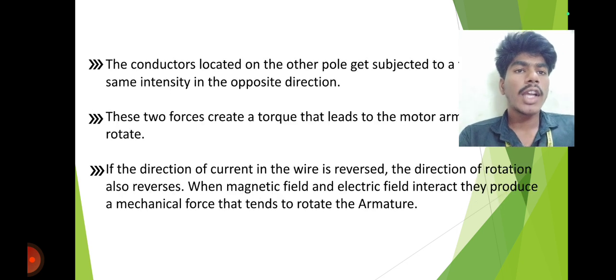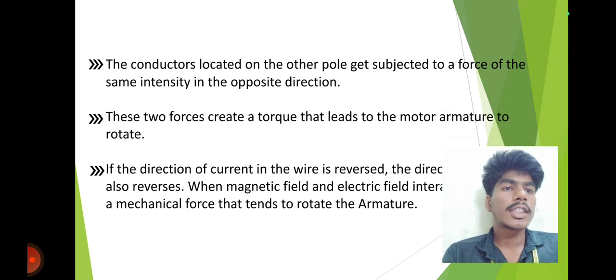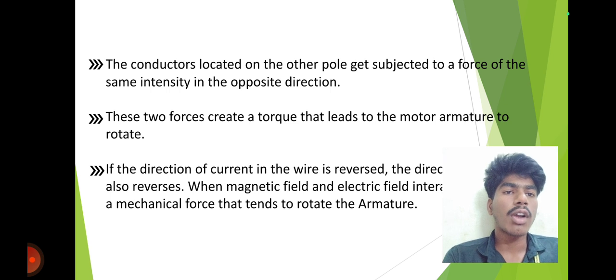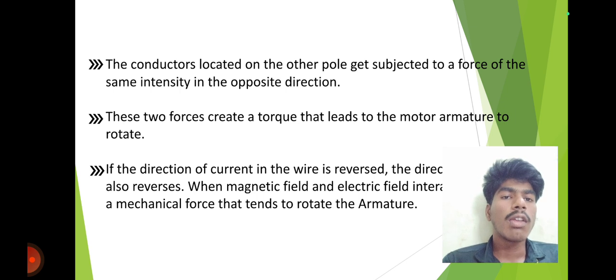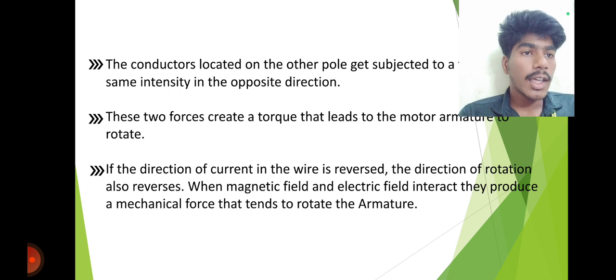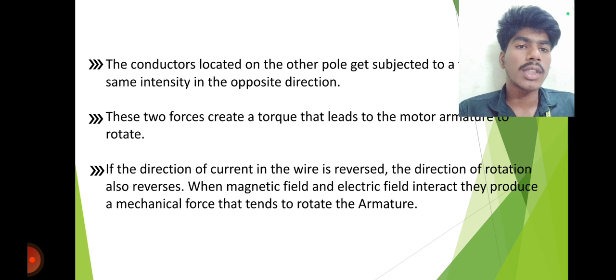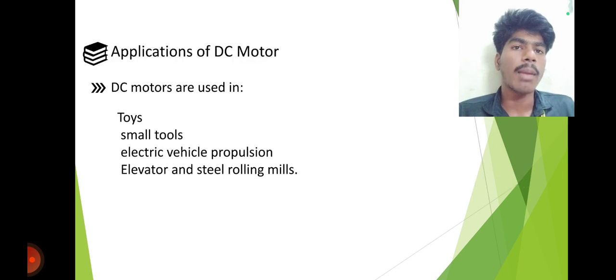The conductors located under the other pole get subjected to a force of the same intensity in the opposite direction. These two forces create a torque that causes the motor armature to rotate. If the direction of the current is reversed, the direction of the rotation also reverses. When the magnetic field and electric field interact, they produce a mechanical force and tend to rotate the armature.